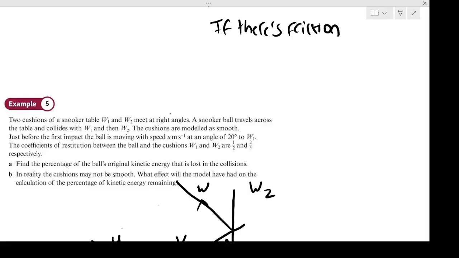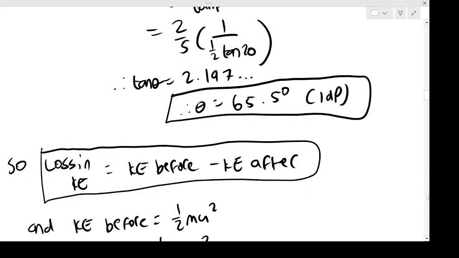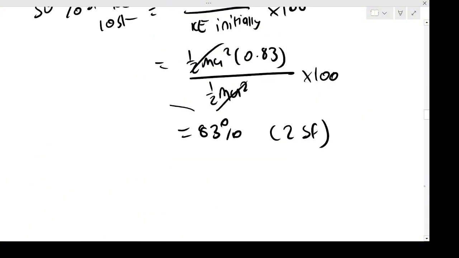Now, this is important. It's talking about the percentage of kinetic energy remaining. That's not the same as the percentage we worked out just now. This is the percentage of the kinetic energy that's lost. So the percentage of energy remaining is just going to be 17%.